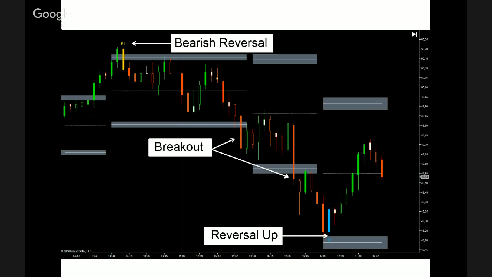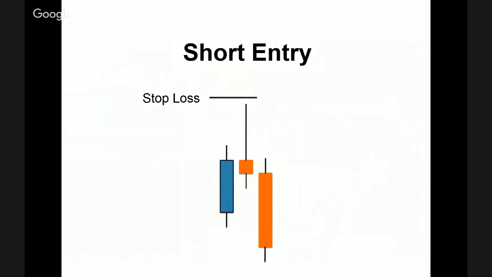Let's look at how to set the entry signals here, and then we'll go into a live chart to see some more recent examples. Afterwards, let's just get the trade entries out of the way. So for a bearish reversal pattern, it is confirmed once the price moves below the low of the setup bar. So we have a lower low take out the low of the setup bar in order to open a position.